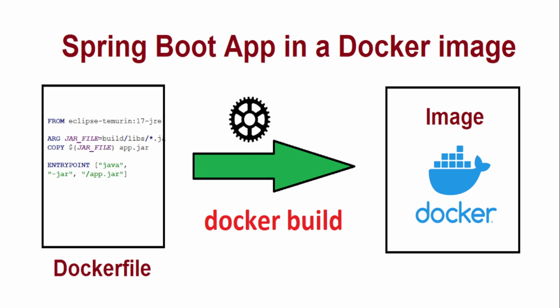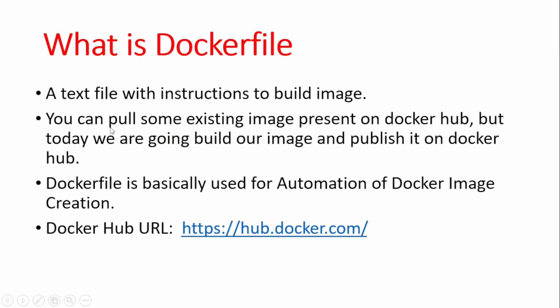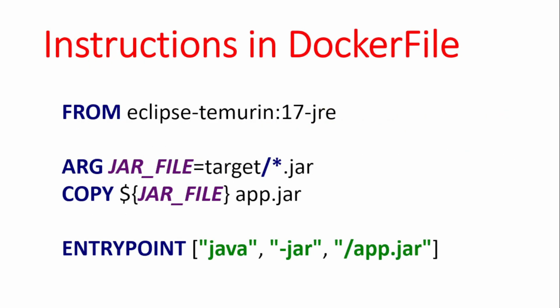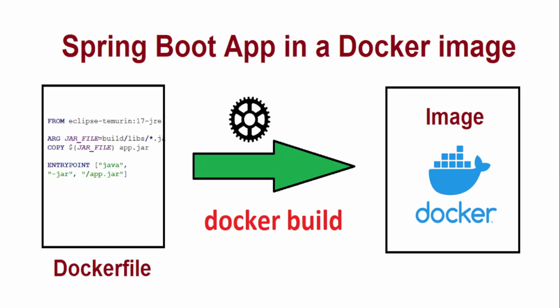I will explain each line of these commands, which we are going to use in today's session to convert the Spring Boot app into the Docker image. Now let's go to the workspace and create this Docker file there, and then I will explain the purpose of each of these instructions in the Docker file.